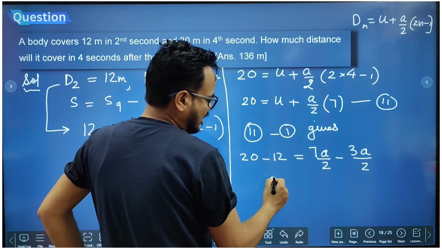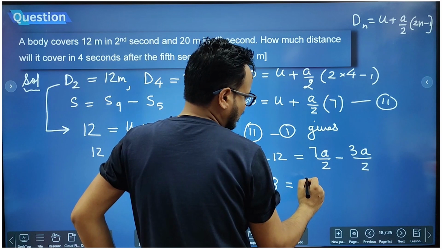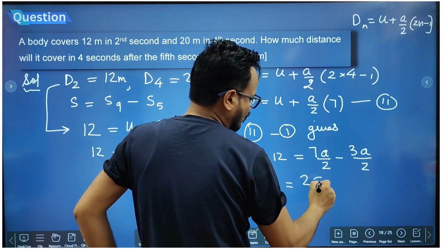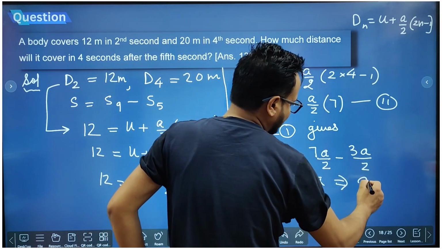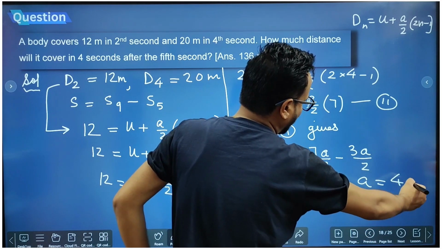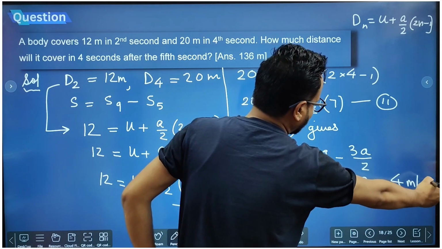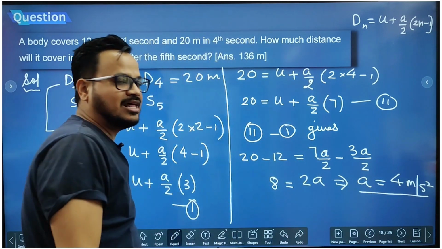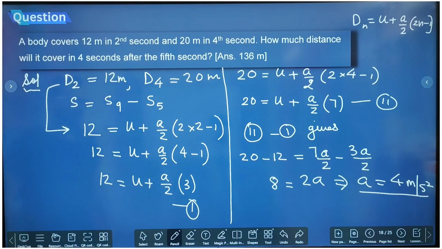So it is 8 equal to 7 minus 3 is 4. 4a by 2 is 2a. So acceleration is 4 meter per second square. Acceleration is 4 meter per second square.